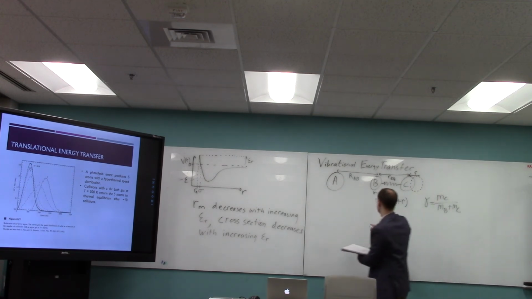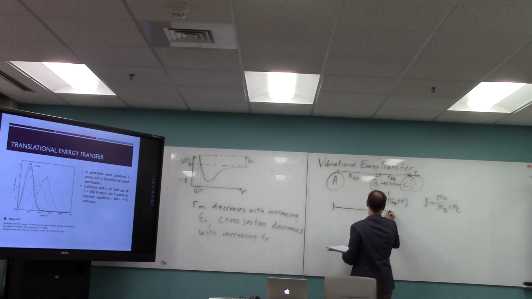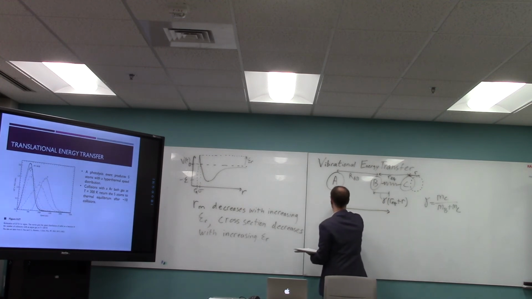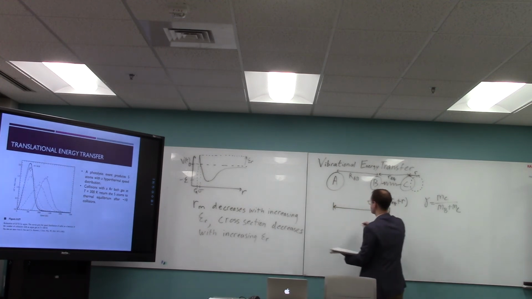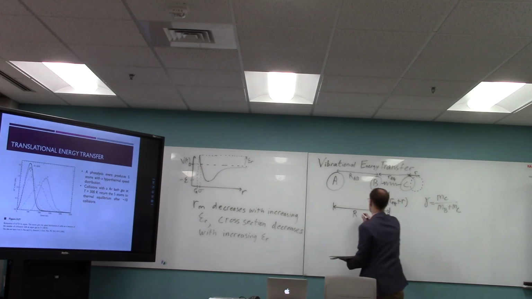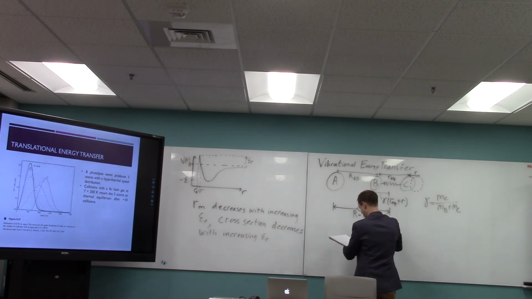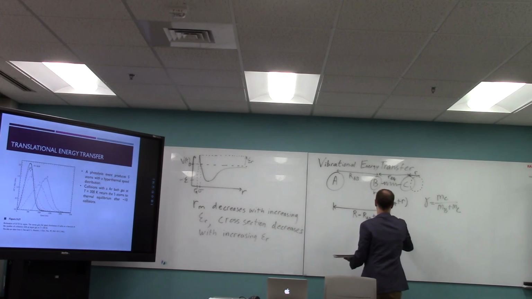And so then the distance between the A molecule and the center of mass, we can call that R, and that's simply equal to R_AB plus gamma times (r equilibrium plus r).